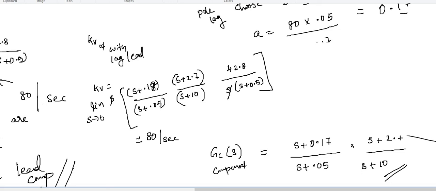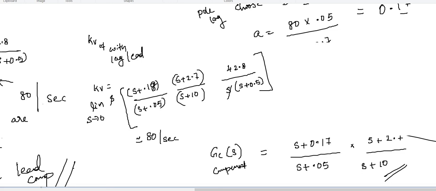So the first thing, in order to design a compensator, is to find out whether the dominant poles are lying on the root locus. If they are, we design a lead compensator, and after designing it we check whether the steady state specifications are satisfied.